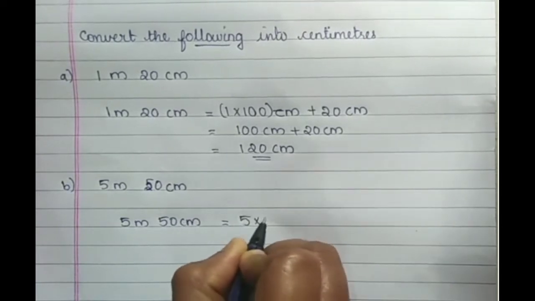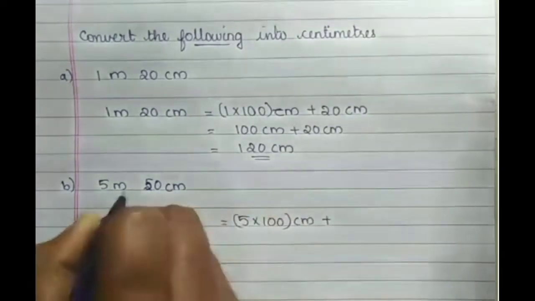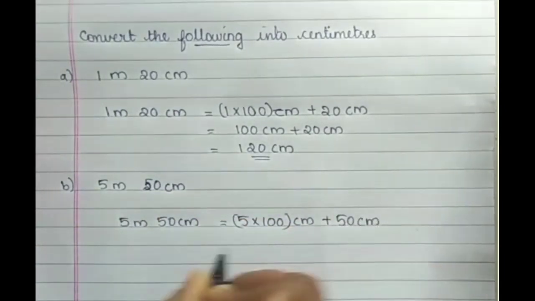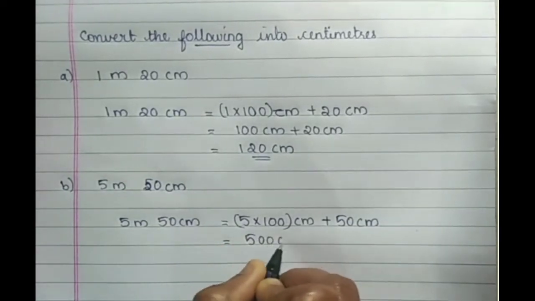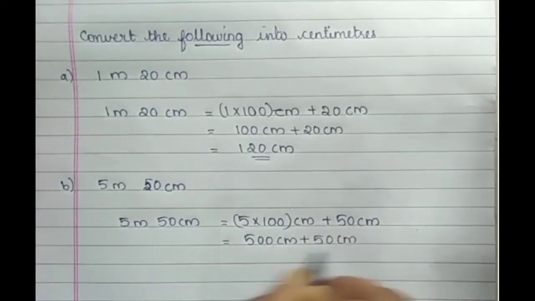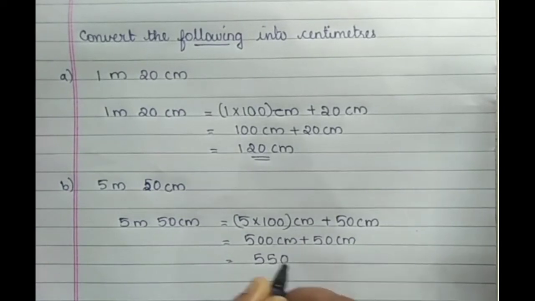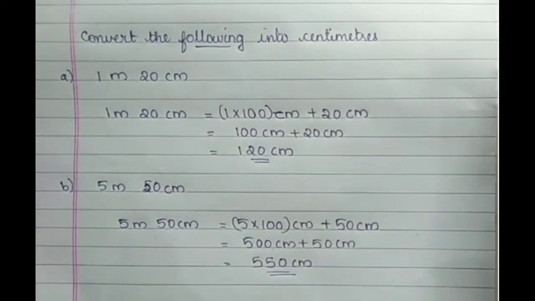So 5 into 100 centimeters plus, to that we should add 50 centimeters. We know that 5 into 100, the answer is yes, 500 centimeters plus 50 centimeters. 500 plus 50, the answer is 550 centimeters. So 5 meters 50 centimeters, the answer is 550 centimeters.